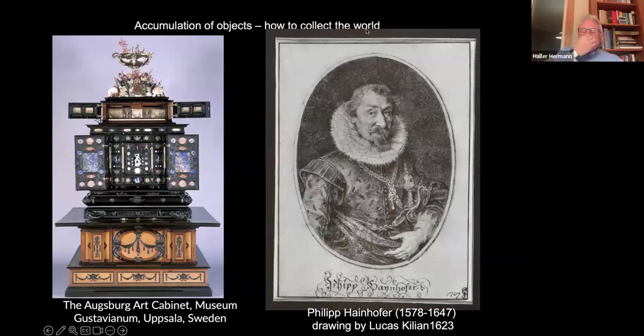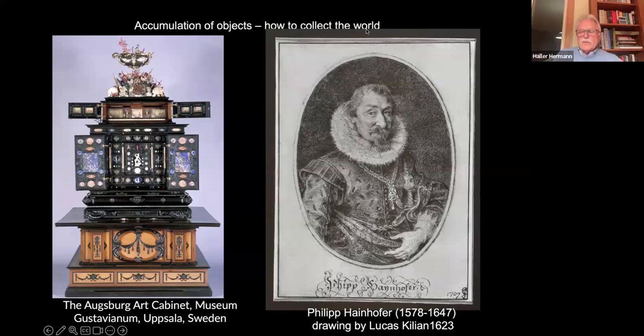So this is one of the most famous cabinets. This was given in the middle of the century to the King of Sweden. I don't know whether you're aware, in the middle of the 17th century, the Swedes are one army invading Europe, fighting the Catholic emperor in Vienna.